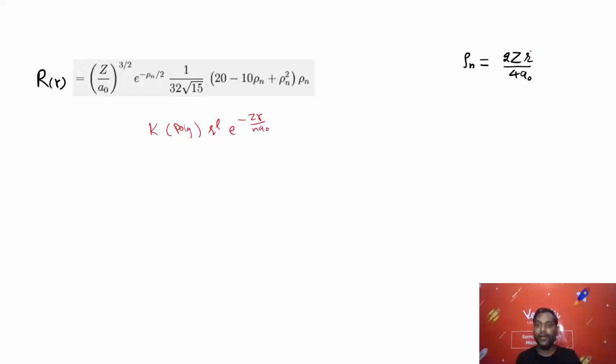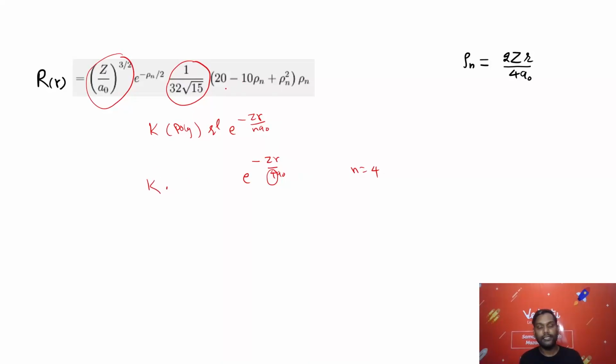So I'll plug in this value of rho in this exponential, so the exponential term becomes minus zr by 4a naught, which immediately gives me the n value. So this is an orbital of the fourth shell. Now, to get the l value, this and this multiplied together would be the constant term k.